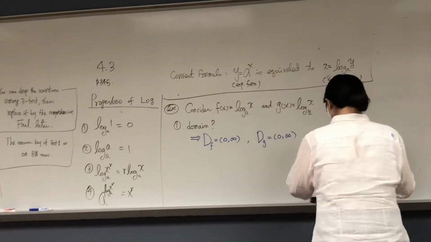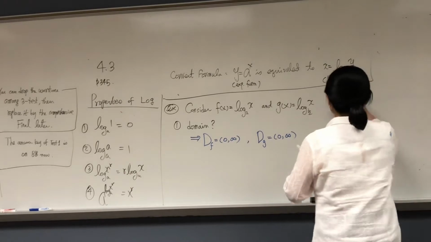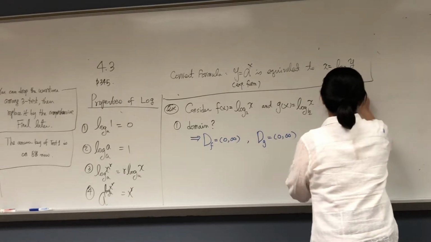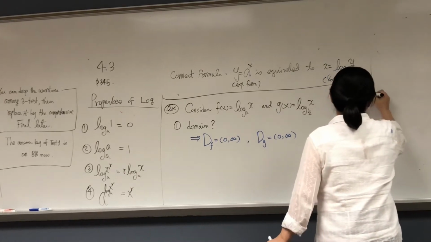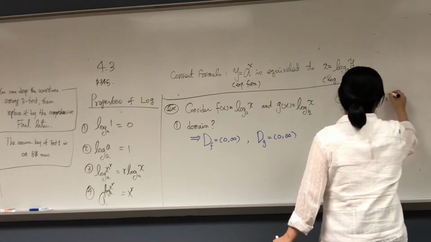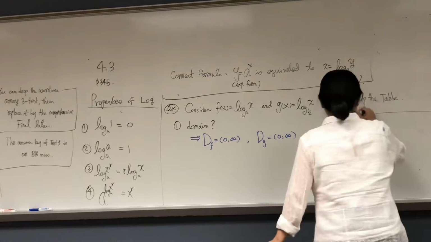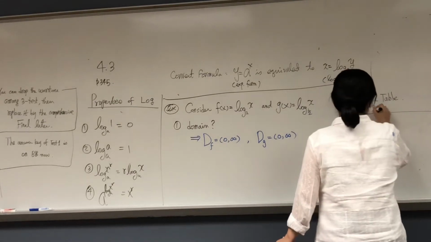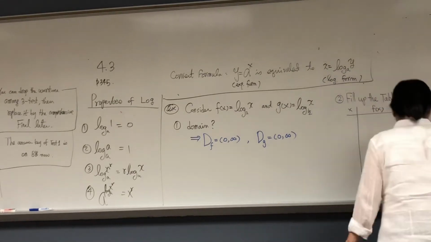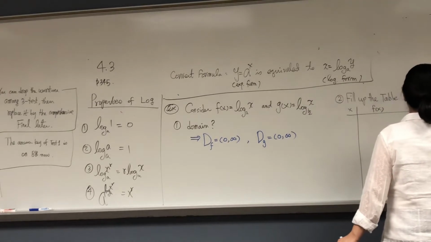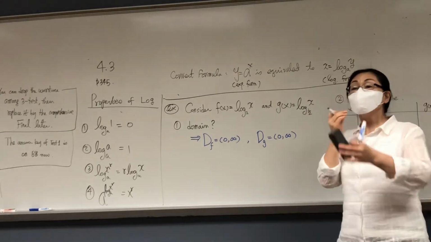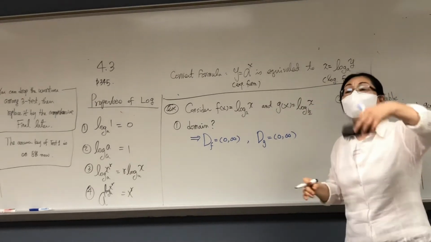Now, number 2, below. How are we going to set up the table here? So your x needs to be chosen from what? Above 0, right?